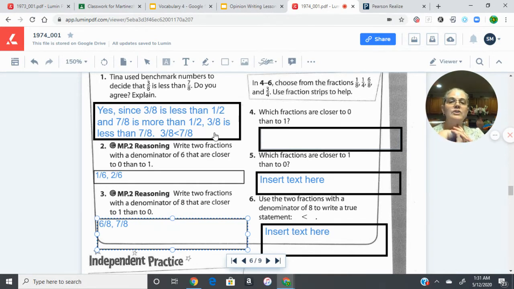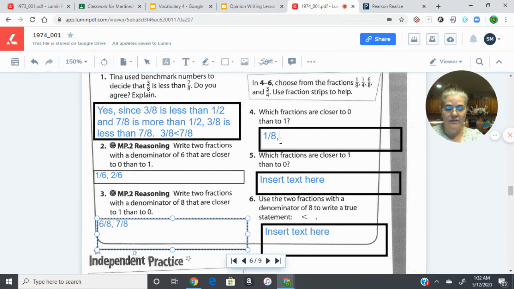All right, which fractions are closer to 0 than to 1? We're going to be using 1/8, 1/4, 6/8, and 3/4. Use fraction strips to help if you need to. So we're looking at 3/4, well, that's almost the end. That's almost 4/4. 6/8, that's almost 8/8. 1/4 is just barely getting started, and 1/8 would be barely getting started.